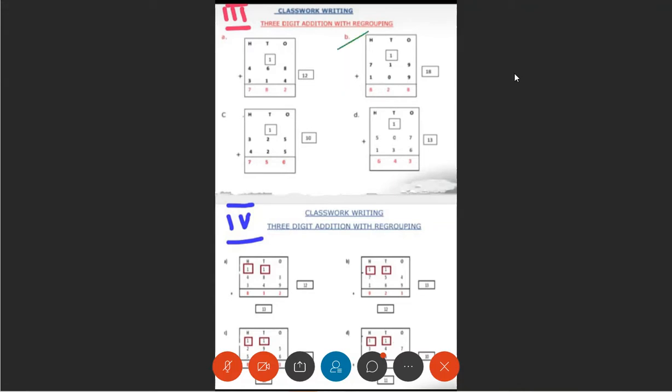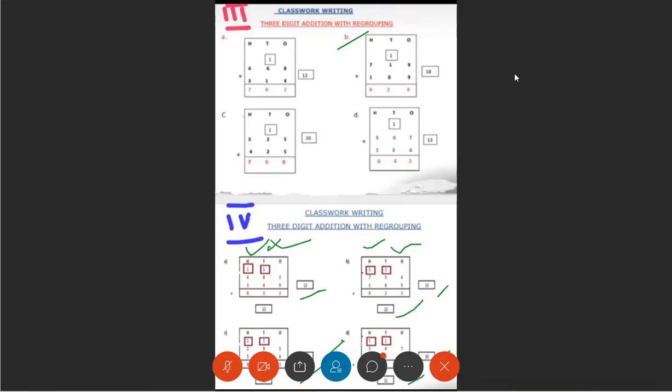And 4th Roman, today we have done regrouping of ones and tens. These two types of regrouping. So these 4 Romans, you have to do today.